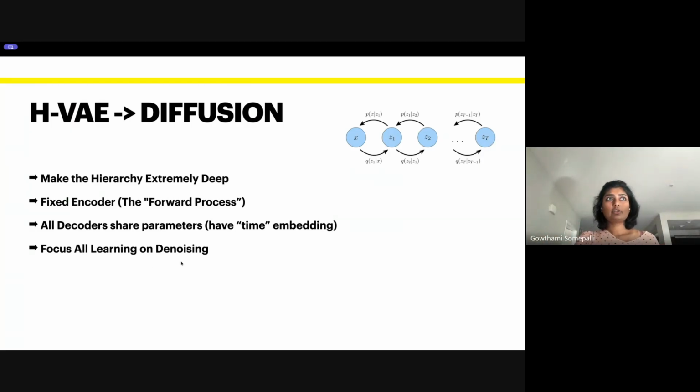And lastly, focus all learning on denoising. This is sort of downstream of our fixed encoder point. Once the encoding part is fixed, all our neural network weights are focused only on the denoising, and that's where we want to use all the gradients to only learn the decoders.